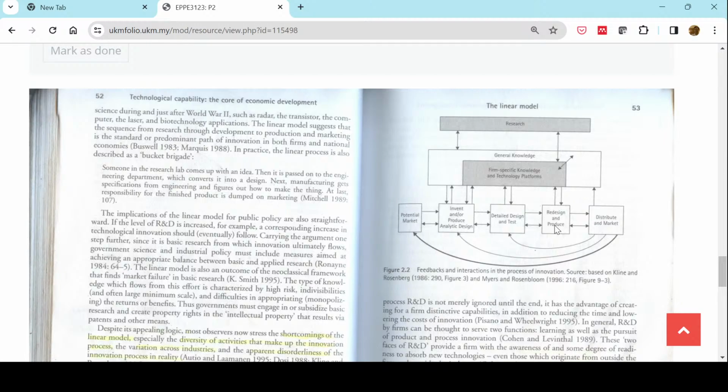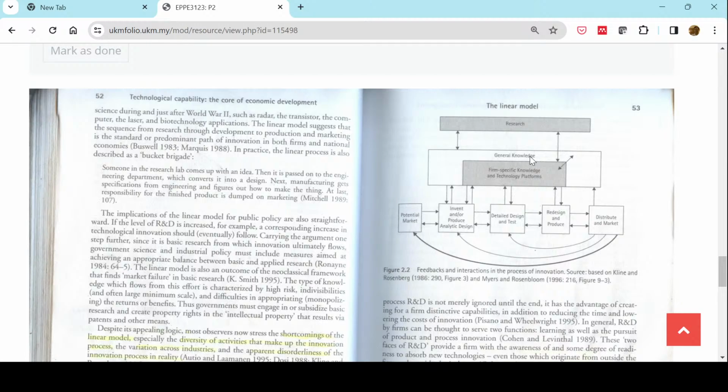Whereas applied research is done by private firms. Private firms will not do basic research because of the cost and the return.